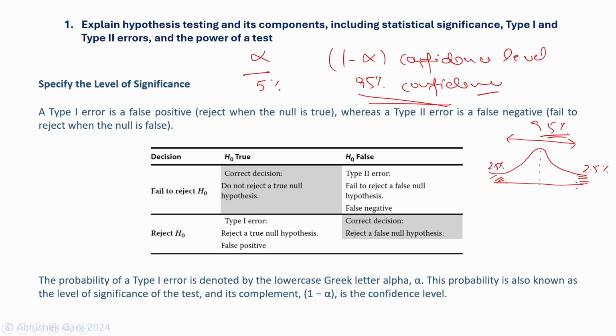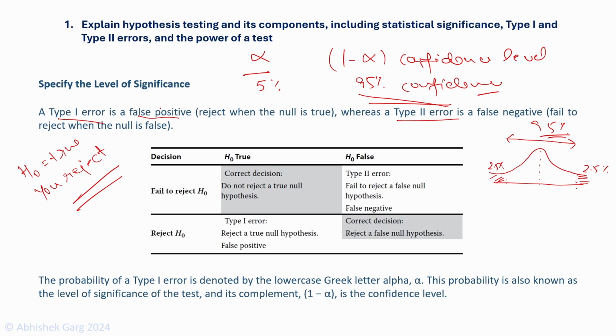So related to this, there are two types of errors. First is type 1 error, second is type 2 error. A type 1 error is a false positive. That means the null hypothesis is true, but you reject the null hypothesis. That means you reject a true hypothesis.